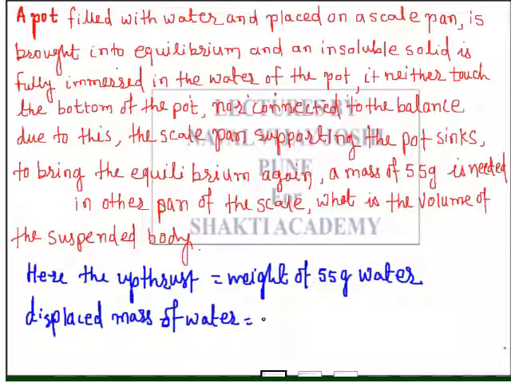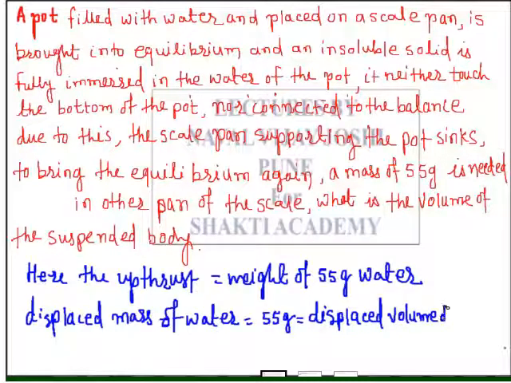is equal to 55 gram, and we know that in CGS system water has a special property. I told you that its mass represents its volume. So this represents the displaced volume of water.